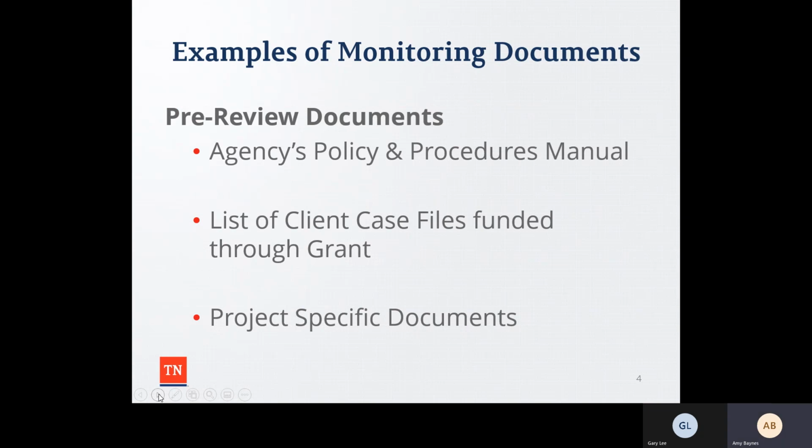Here are some examples of monitoring documents that may be requested. Pre-review documents may include the agency's policy and procedures manual, a list of client case files funded through the grant, and other project-specific documents.